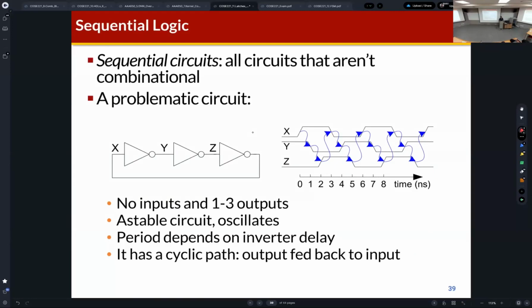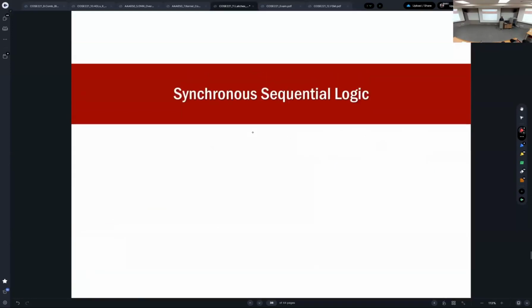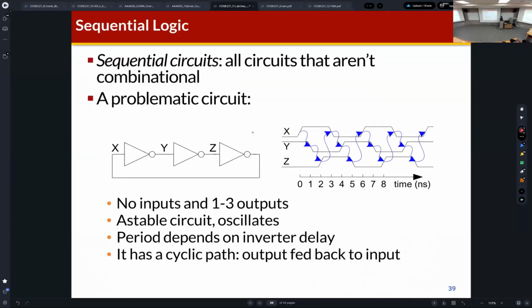Then let's learn about synchronous sequential logic. So until now, we learned about the sequential logic. We started from the bistable logic, then latches, and now D flip-flops. And I mentioned that we frequently use D flip-flops in the system.